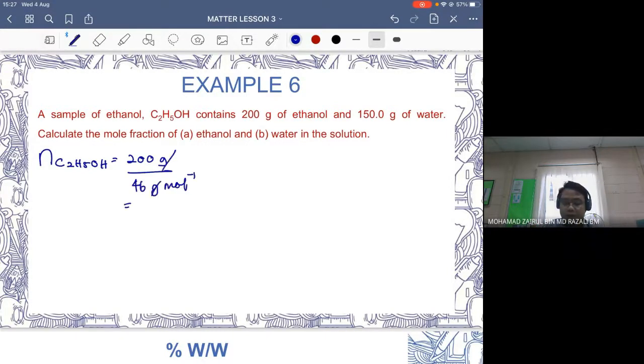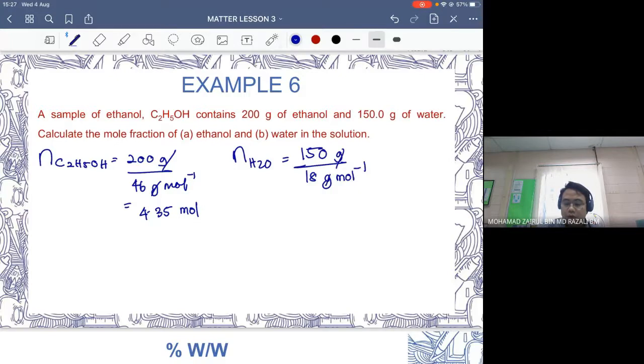So awak akan dapat 4.35 mole. And the mole for water, given that the mass of water 150 gram and the molar mass is 18 gram per mole, is 8.33 mole.